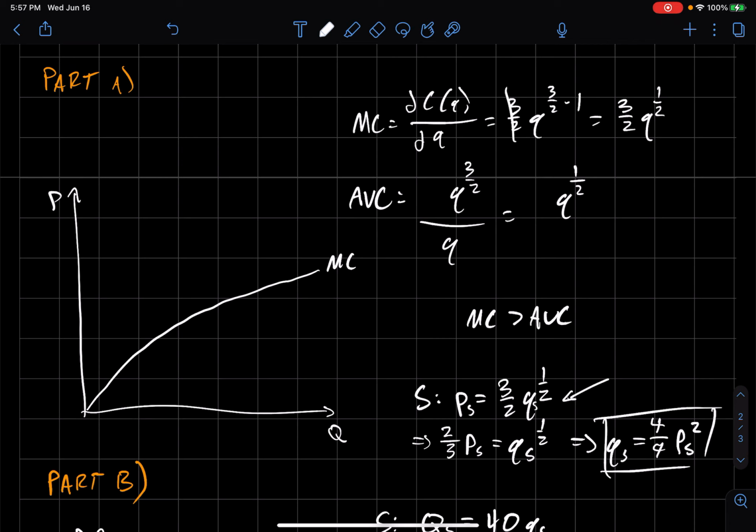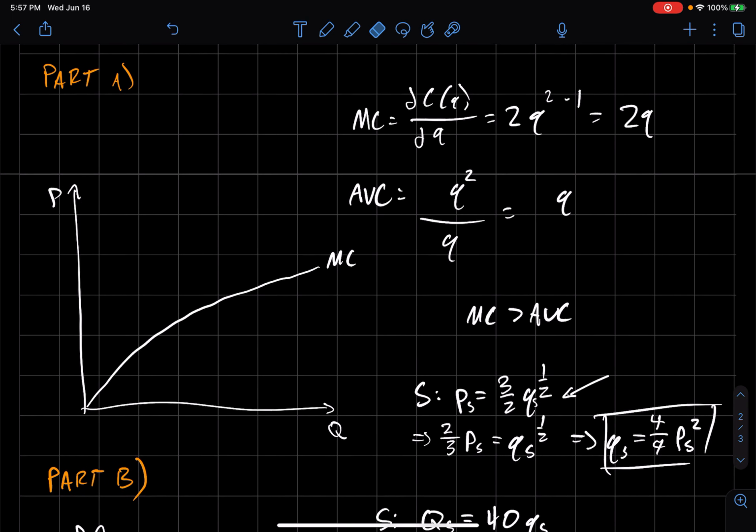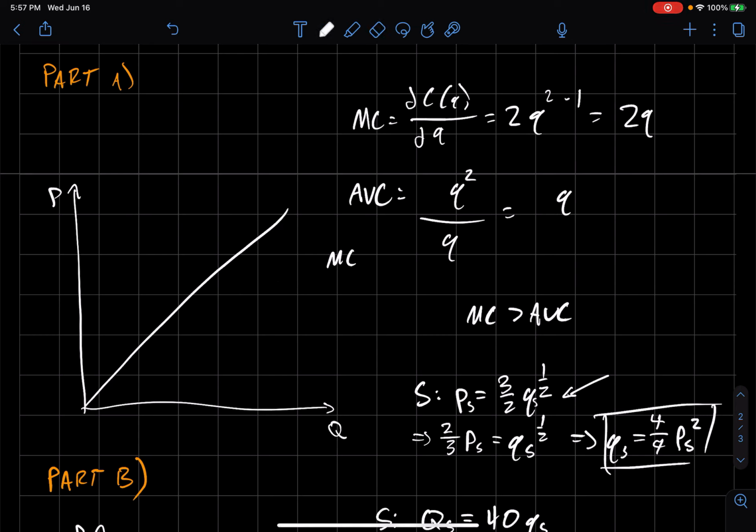So this is going to be 2 times Q. Our average variable cost is going to look like this. Marginal cost as a graph will look like this.